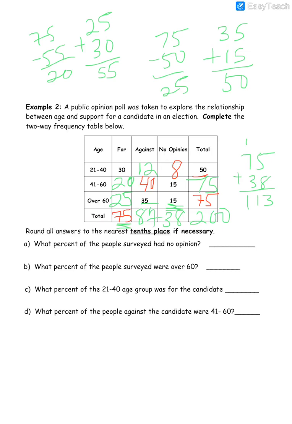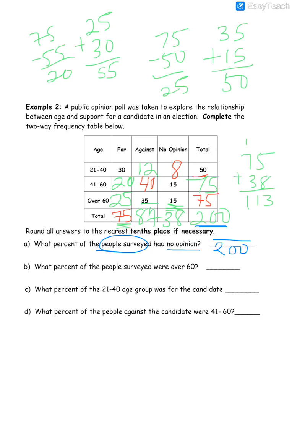I'm going to do A. What percent of the people surveyed had no opinion? So let's talk about how people were surveyed. Here's that big number down here. That's 200 where people were surveyed. And the question is, how many people had no opinion?